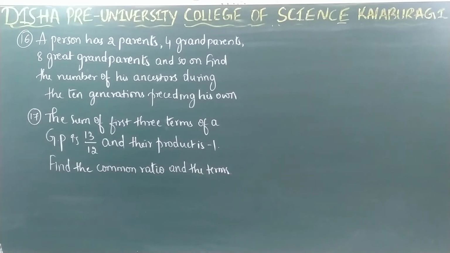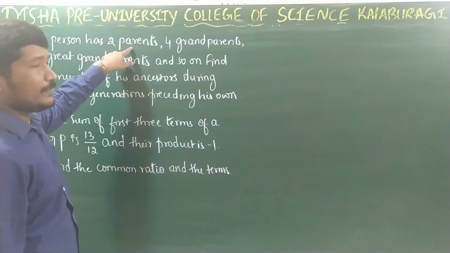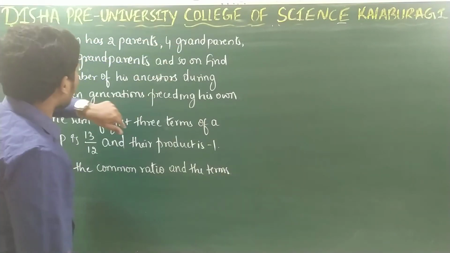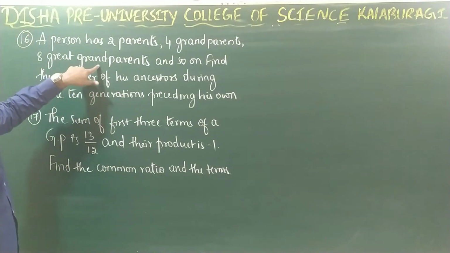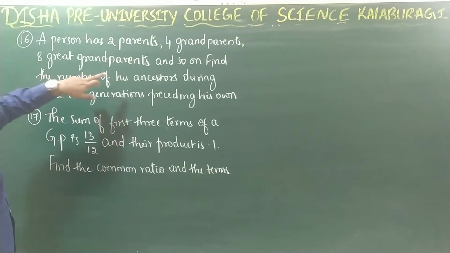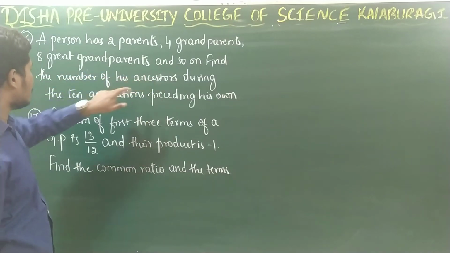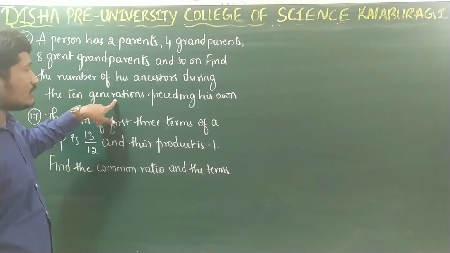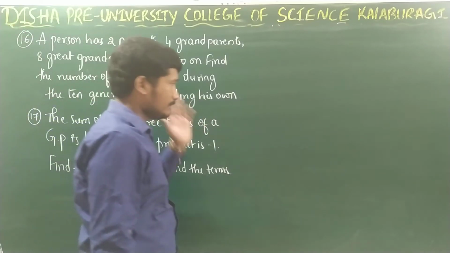So the next question. A person has 2 parents, 4 grandparents, 8 great grandparents, and so on. Find the number of his ancestors during the 10 generations preceding his own.